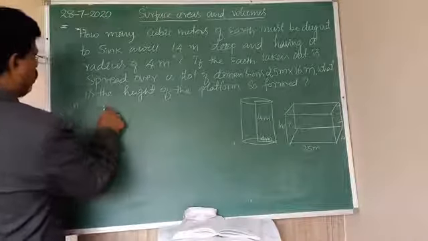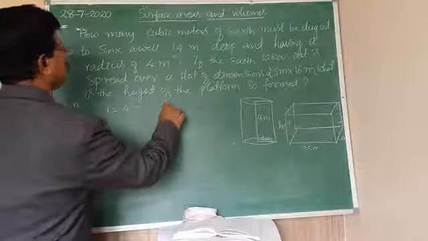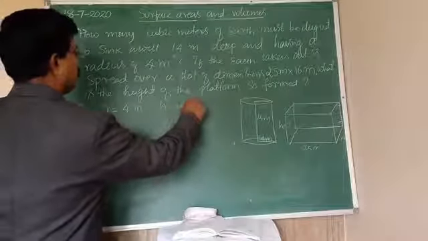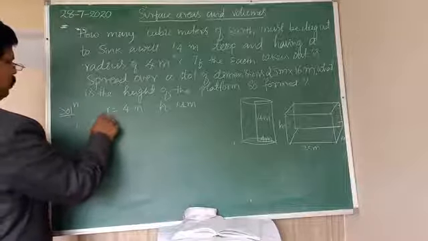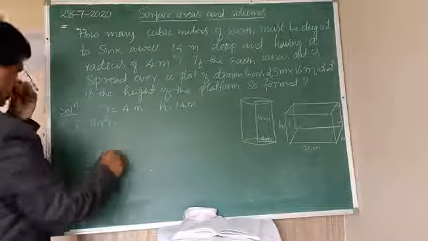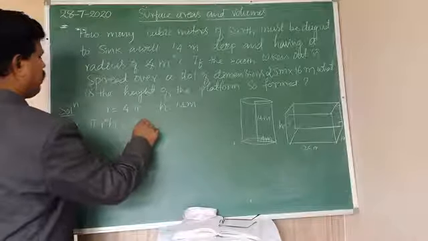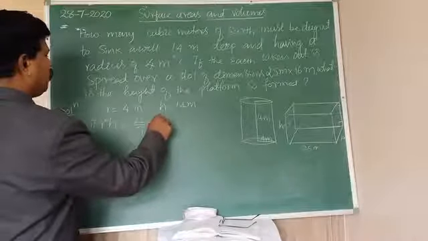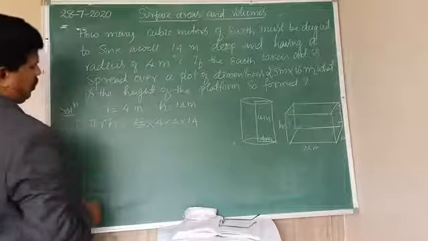First you write down R is equal to 4 meter, H is equal to 14 meter. Then the first one is pi R square H. Pi R square H is how much? 22 by 7 into 4 into 4 into 14.